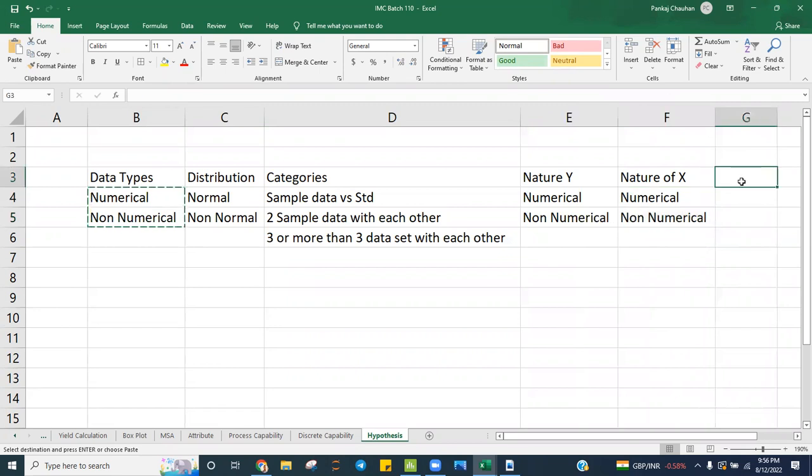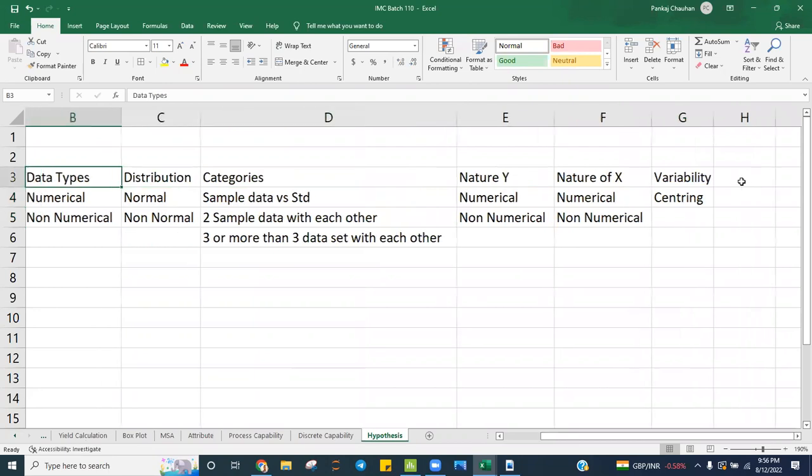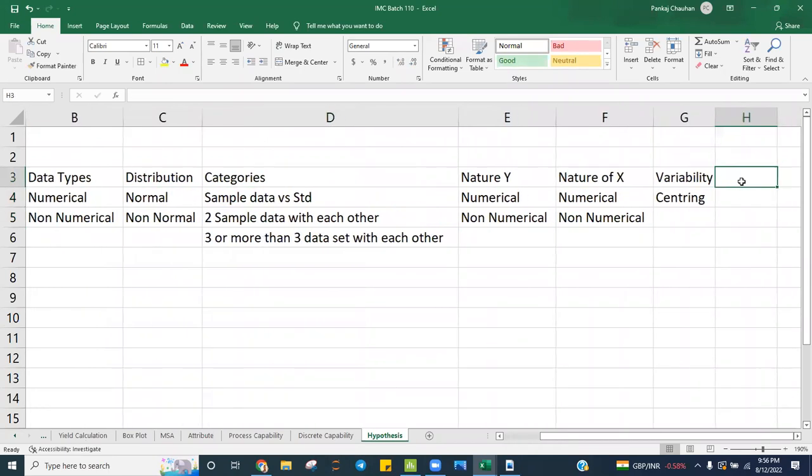Now it will depend on whether you are looking for validation of the variability in the data or the centering of the data. So on the basis of all these factors, I will be selecting my right statistical test.